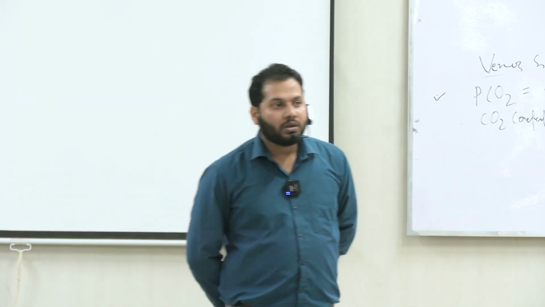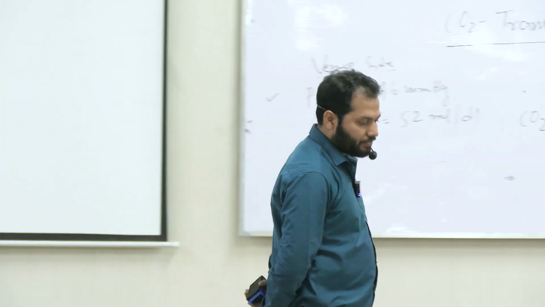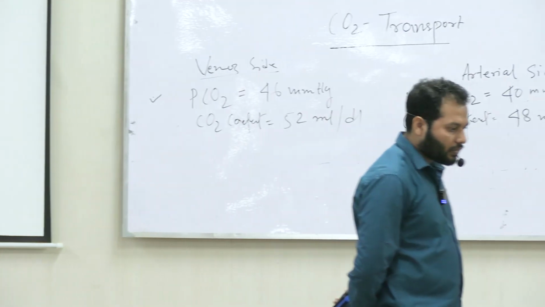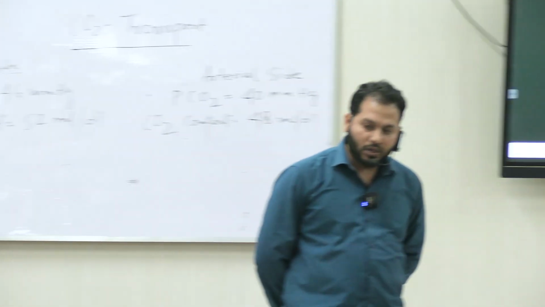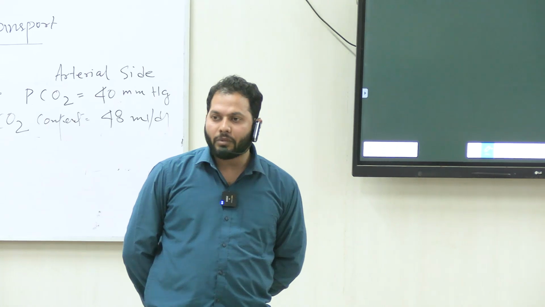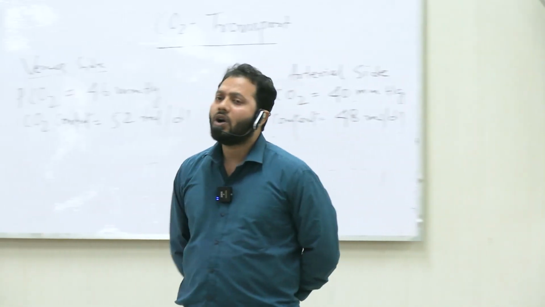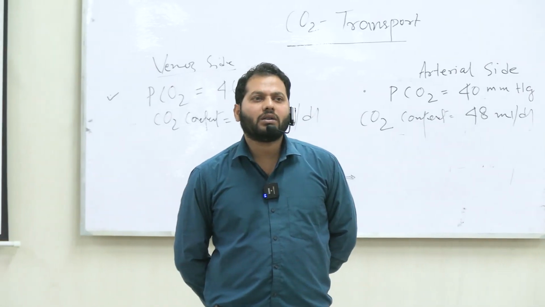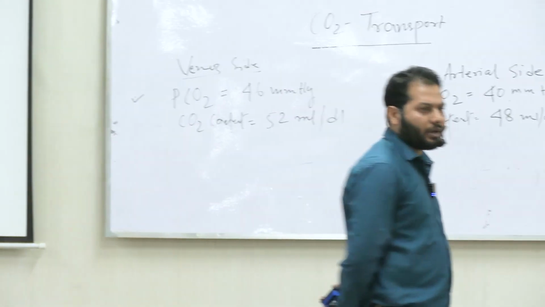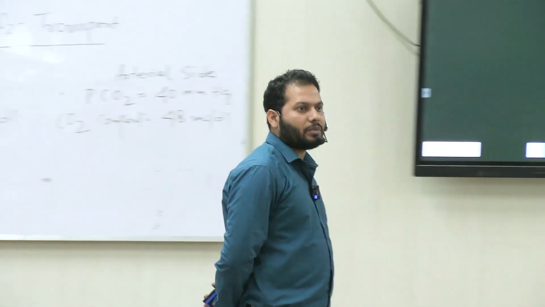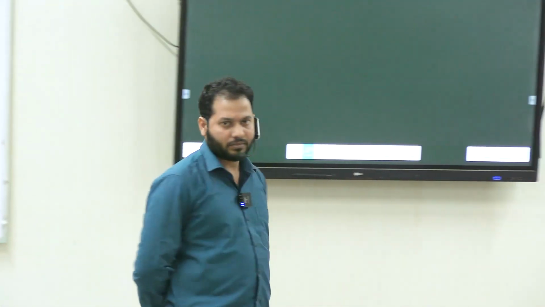Now, if we discuss the first one, before discussing the transport of carbon dioxide as bicarbonate, we must know about the functional characteristics of hemoglobin, because hemoglobin is the most important one here.